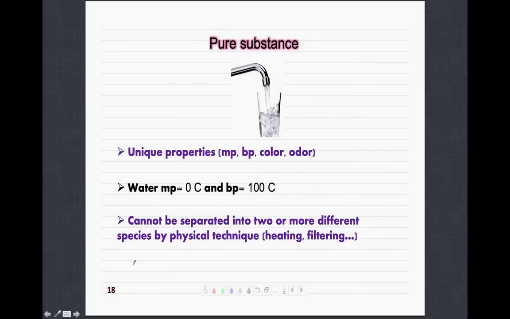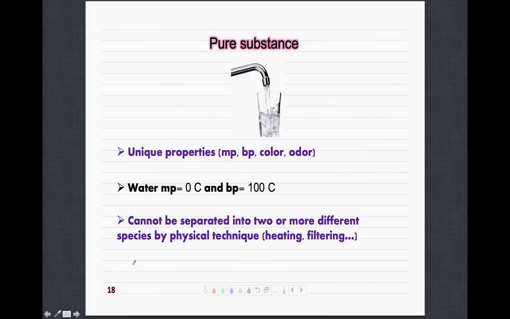Now if I take water, do filtration, or put a magnet next to the water, with any of the physical processes that we did, at the end of the day I'm going to end up with water. Even if I heat it up, I'm going to change it from water to water vapor. So at the end of the day, I can't change it by a physical process to something else. It's going to stay water. So this is the definition of a pure substance.